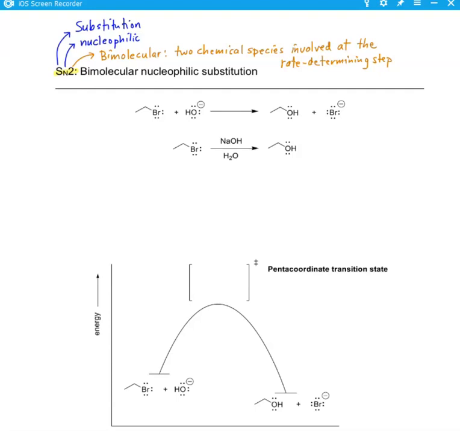Now this example is shown twice. We're just writing it in different ways so that you can get used to seeing again how organic reactions are presented. So in the first line, the ethyl bromide, this is our substrate or electrophile.